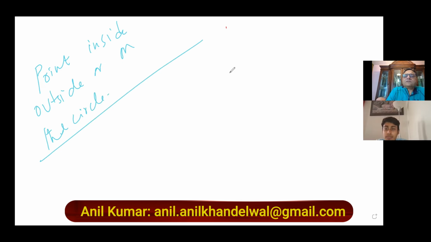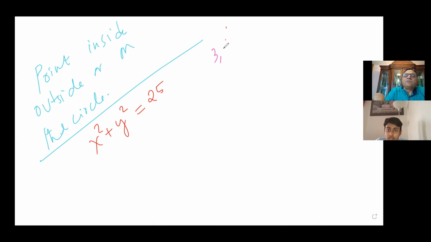Okay, so if I have a circle, let's say with equation x squared plus y squared equals 25. Then my point is, let us say, 3 and 5, correct? Now this point is inside, outside. Let me call this point A. So will this point be inside or outside the circle? Or on the circle?